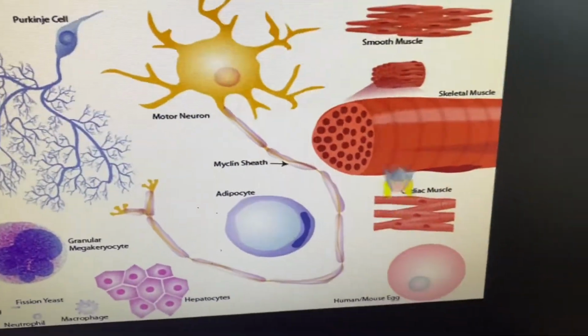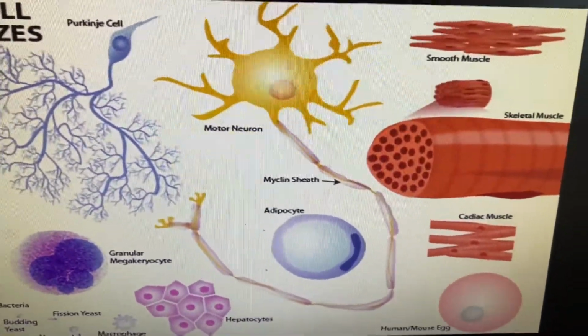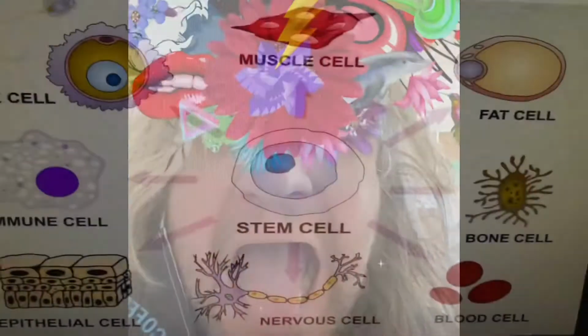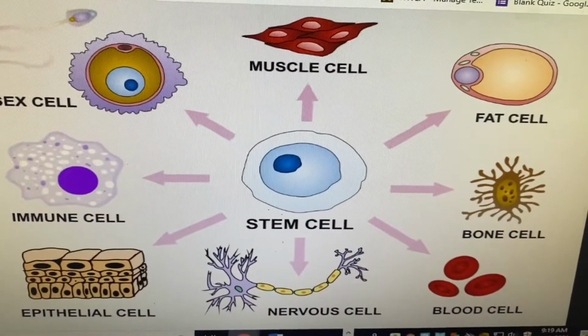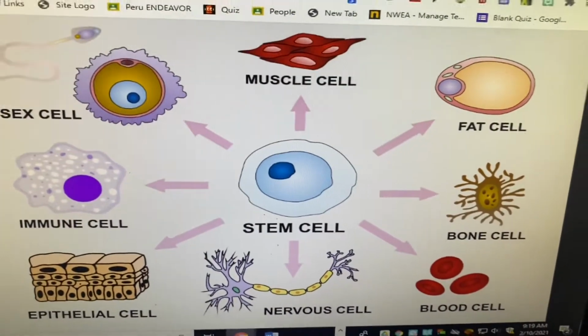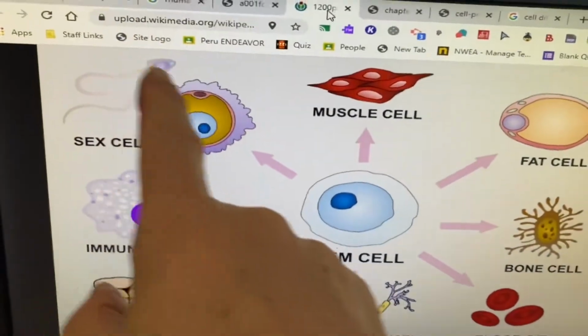Here's the mind-blowing thing. Where did they come from? And this to me is totally mind-blowing. That's mind-blowing! So, before you're even born, you are one cell big. That was a combination of egg and sperm.